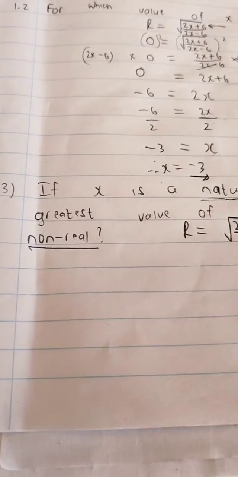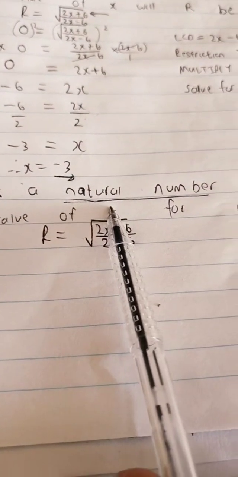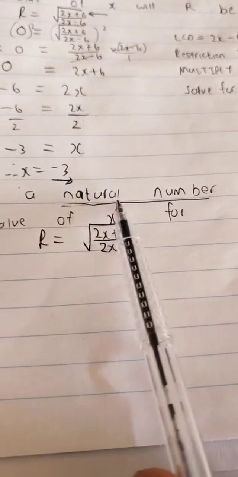A number that starts from 1. Good. Shai even gives me examples. 1, 2, 3, 4, 5, 6, 7, 8, and so we go. Guys, natural numbers indeed are numbers starting from 1.